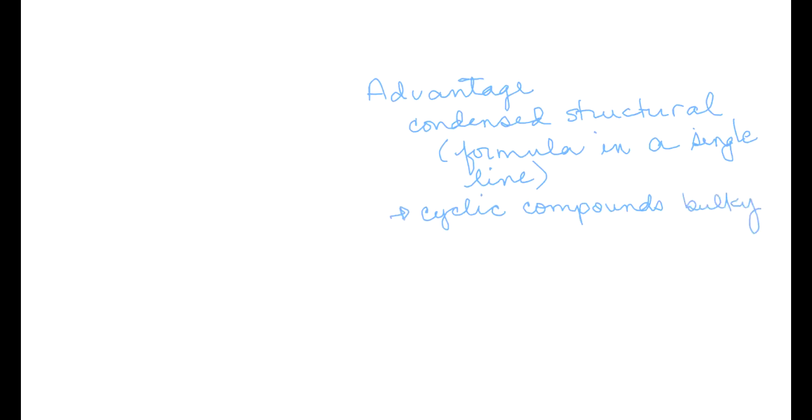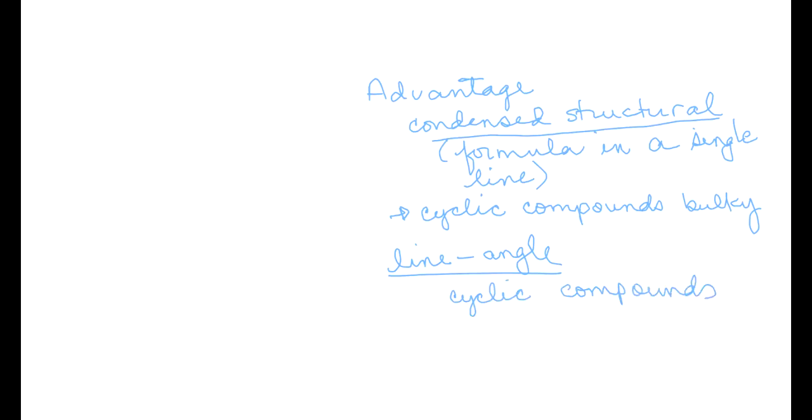What about line angle or skeletal? The advantage of line angle drawings is that it really shines when we have cyclic compounds and we have larger compounds. So larger compounds, branched.